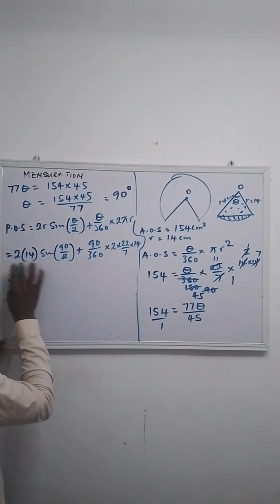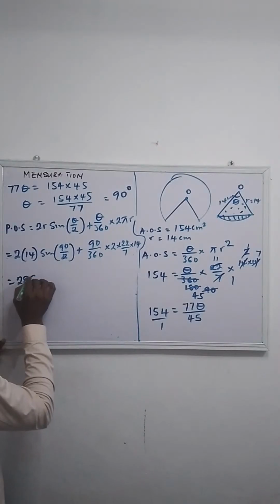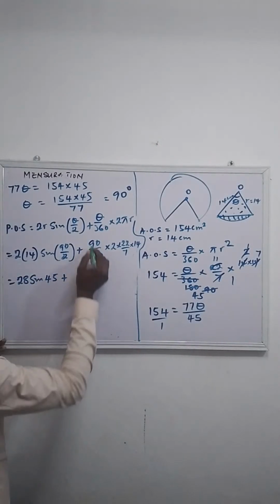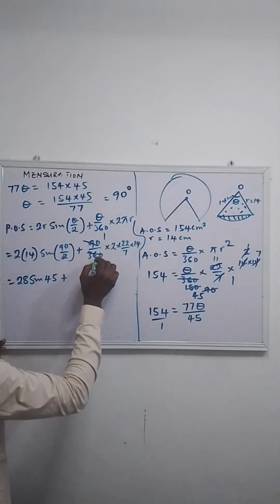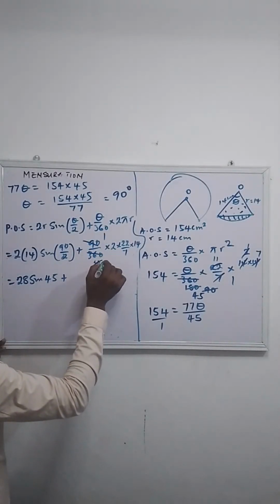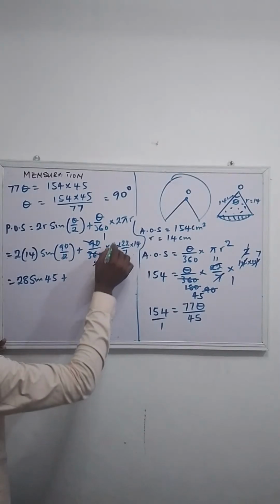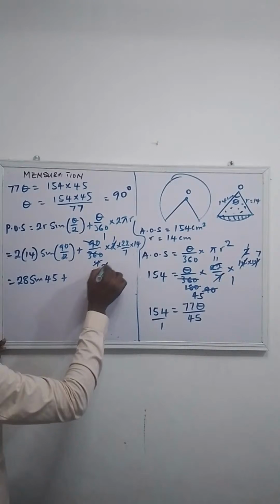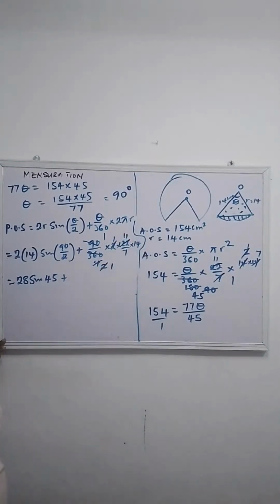So we have 28 sine 45 here plus, now 90 goes here 1, 90 goes here is 4. 2 goes here 1, 2 goes here 11.